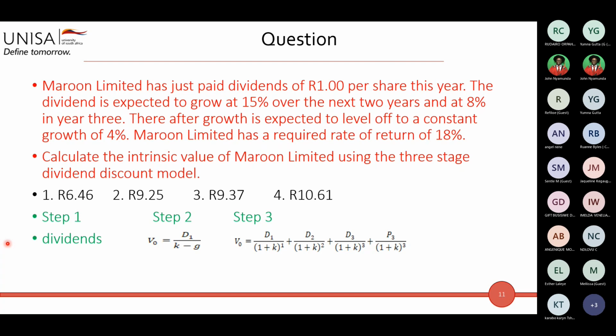I'm waiting for Ruan. Ruan, you keep us guessing there. Yumna, step 2. Step 3. Okay, Angelique. Oh, we're ignoring Angelique. You are onto something, Angelique.